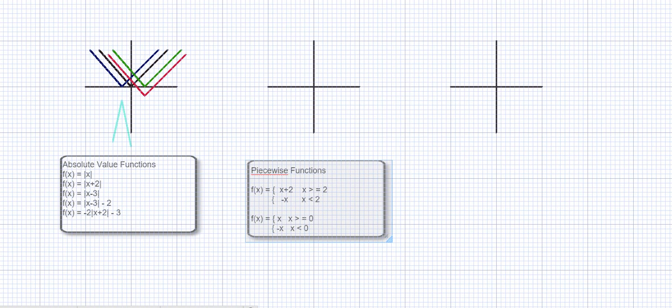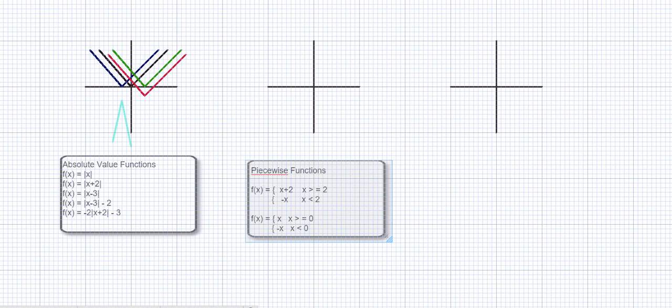So let's use some practical examples, like the first one that I have, which is f of x is equal to x plus 2, which if you were to convert that into y equals x plus 2, you'll notice is just a simple linear equation. It's a line of slope 1 with a y-intercept of 2.